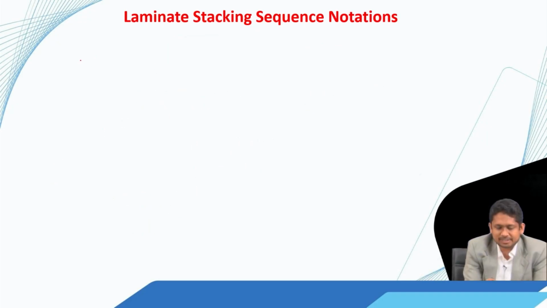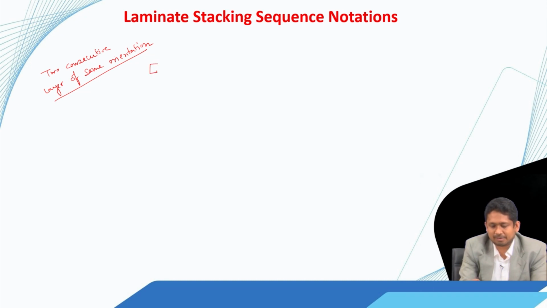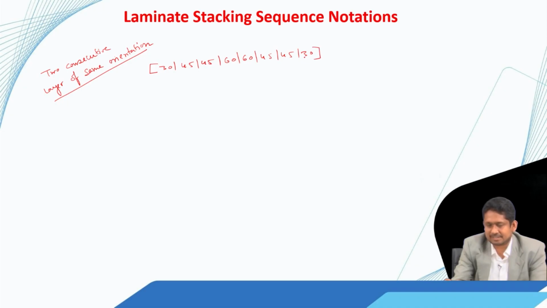notation. Now, let us assume that there are two consecutive layers of the same orientation. Possible? Let us suppose we have 30, 45, 45, 60 and then 60, 45, 45, and 30.